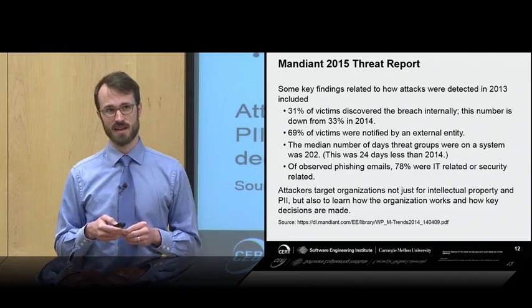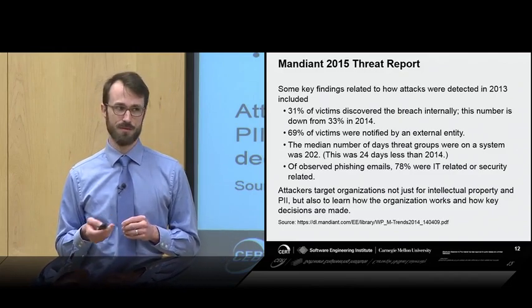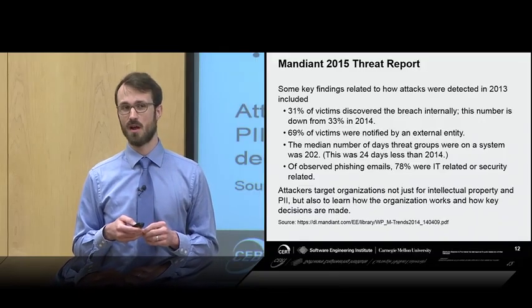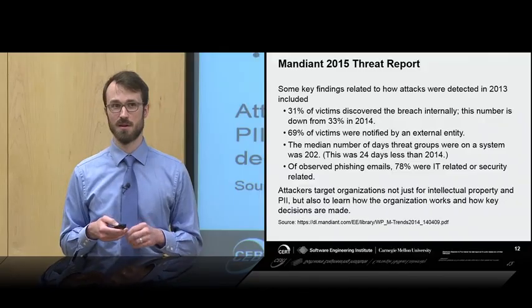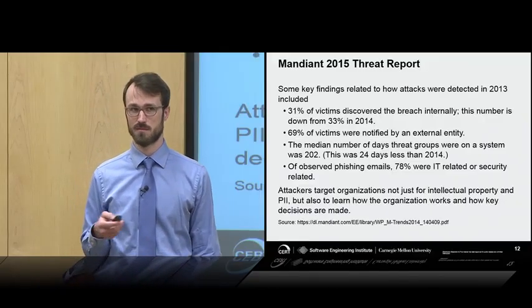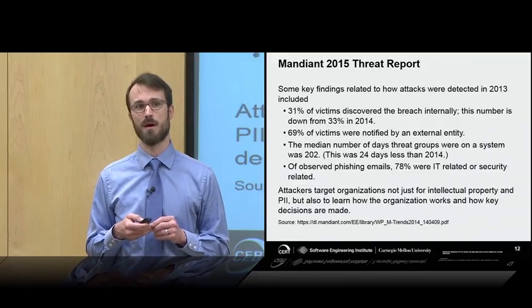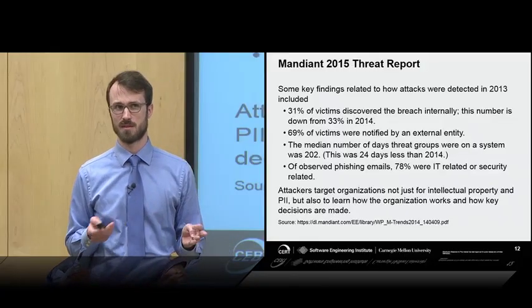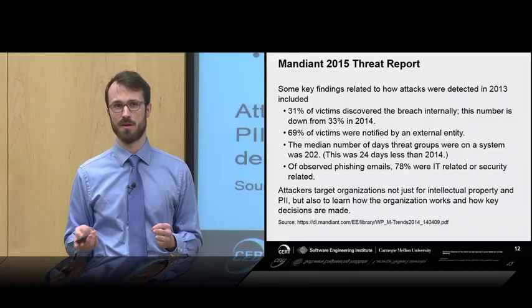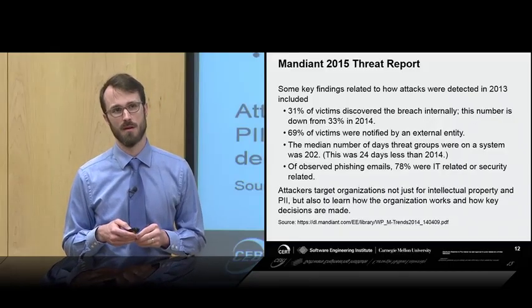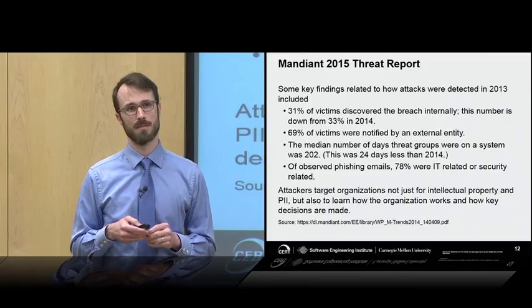And you can kind of see that in the next number, where the amount of days that an attack goes unacknowledged on a system is actually down 24 to 202. So it's still the better part of a year, but that's still good. 24 days is a big drop. And keep in mind, still, this is what Mandiant is seeing on the sensors they have. That's the only way you can get that kind of information. That or through a survey.